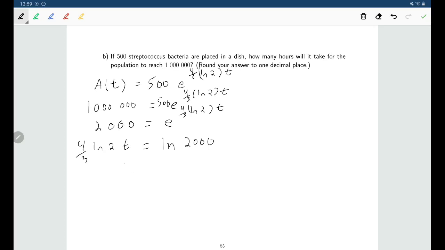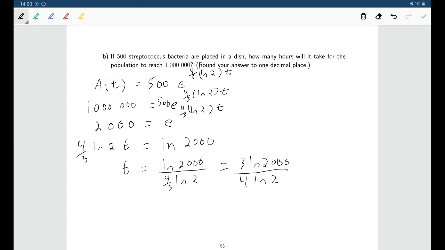And then away I go. I can solve for what t is. It's natural log of 2,000 over 4/3 natural log of 2. Or if you like it looking better this way, you could say it's 3 natural log of 2,000 over 4 times natural log of 2. However you want to do it, that will give you your answer of about 8.22.